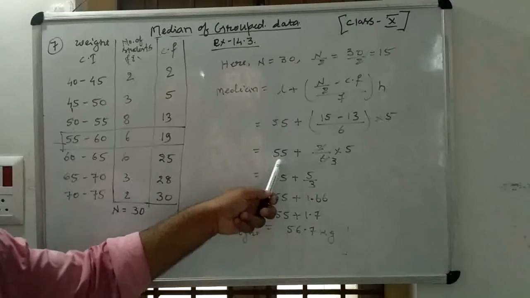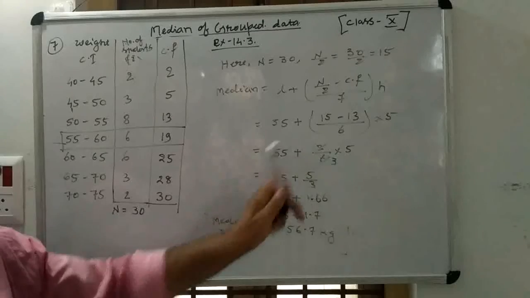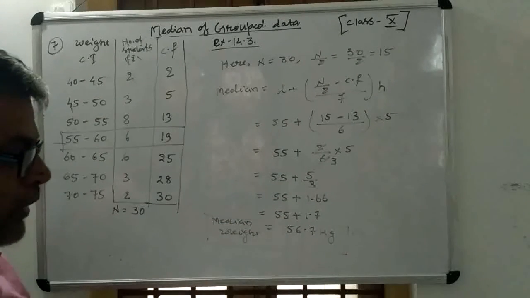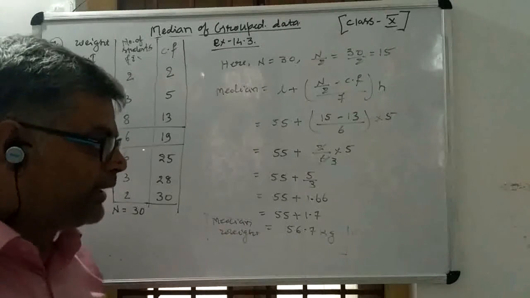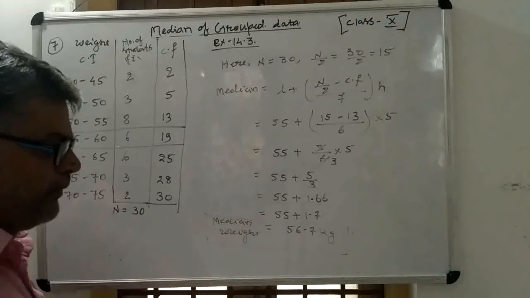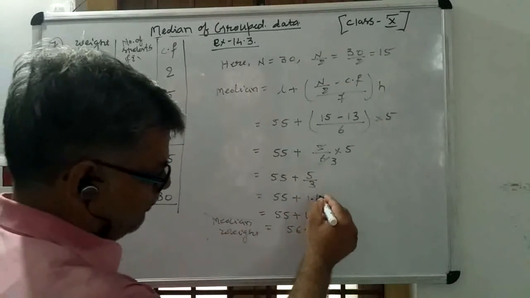So solving it, 55 plus 2 by 6 into 5, 2 threes are 6, it will get cancelled. So we have 55 plus 5 by 3. When you divide 5 by 3, you will get approximately 1.67. So right here 1.67.